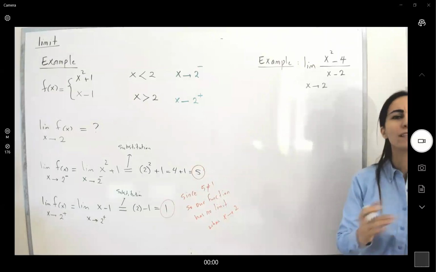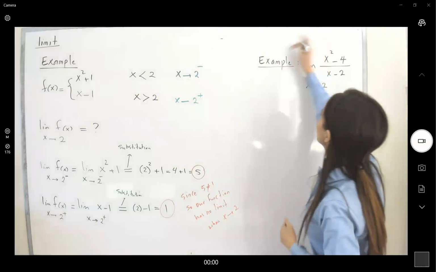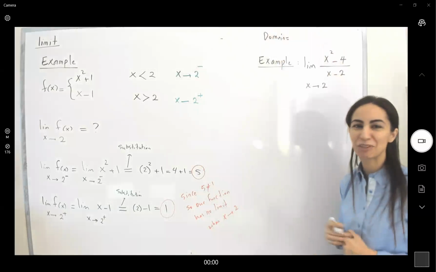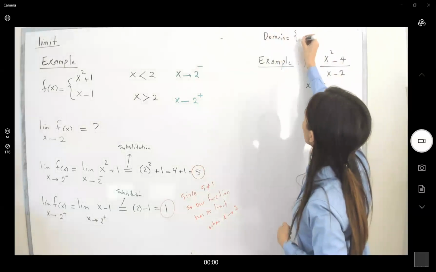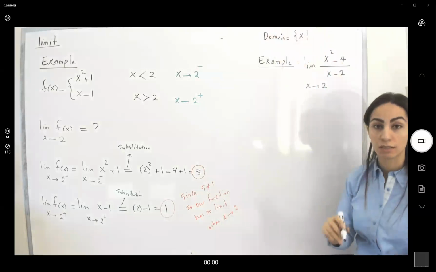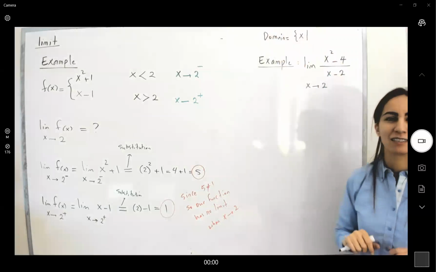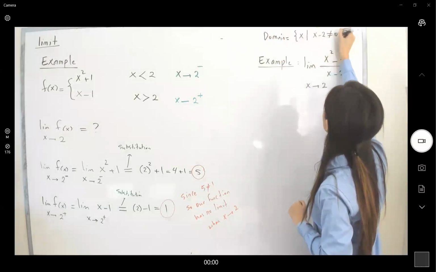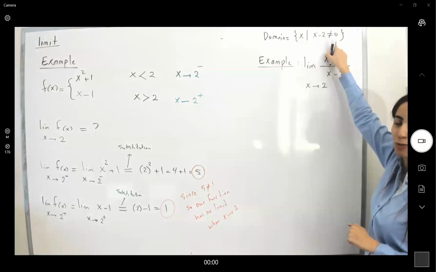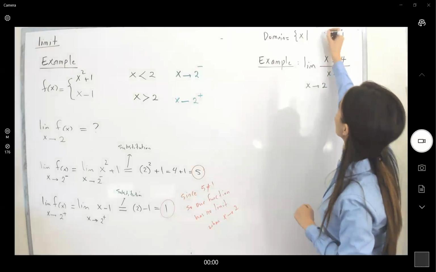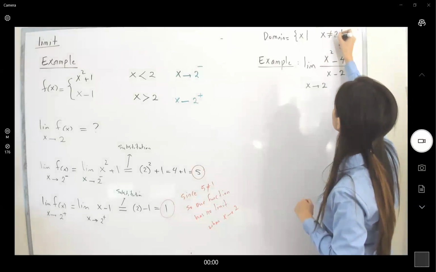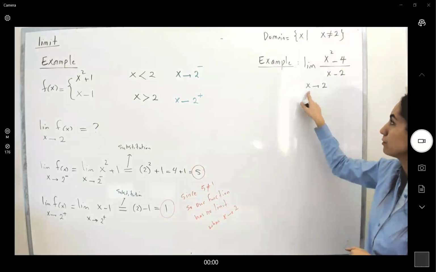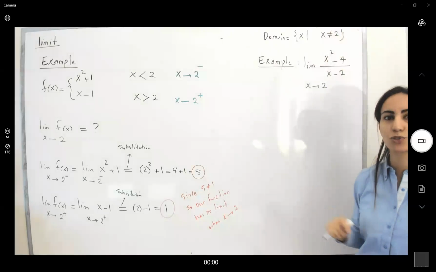Well, what is the domain? The domain, when you have a rational expression, is equal to the set of all x values such that the denominator is never 0. x minus 2 is not 0. By adding 2 to both sides, you see x cannot be 2. So you might say that, hey, but we are finding the limit as x approaches 2.